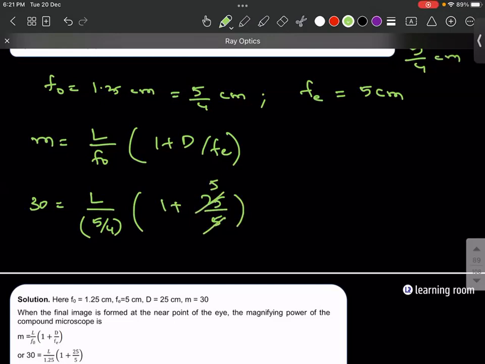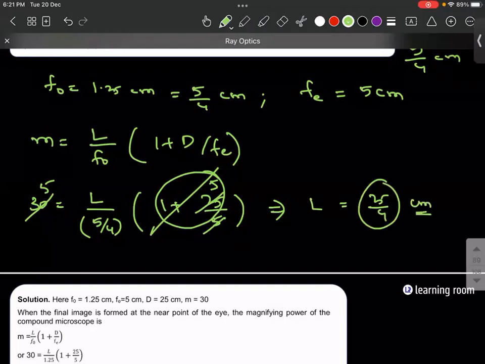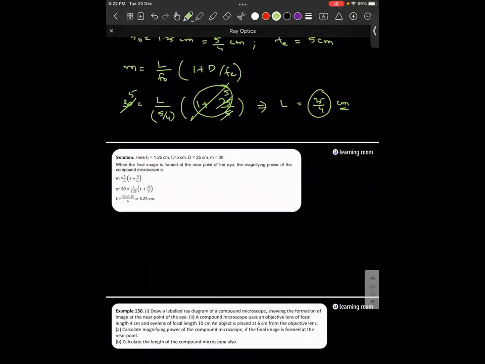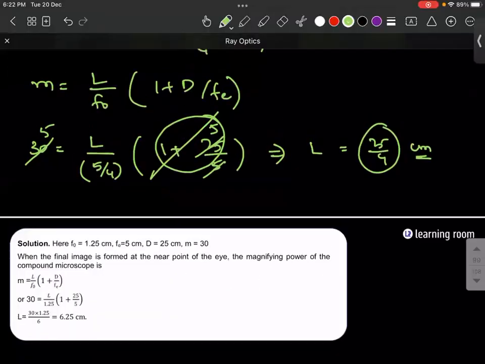This and this will get cancelled to be 5, so this whole thing is 6. 6 will cancel this 30 5 times. So that implies L is equal to 25 by 4 centimeter. So 25 by 4 is going to be 6.25 centimeter. So make a note of this.